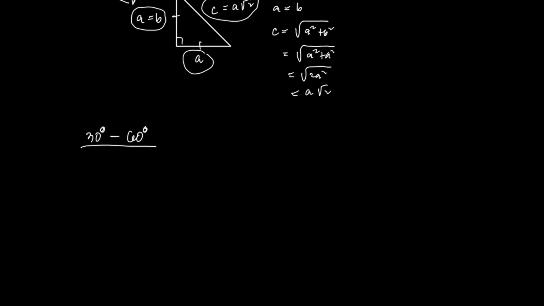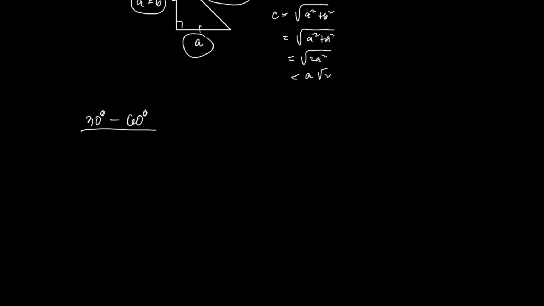So for the 30 degrees and 60 degrees, we can do it simultaneously, since we can just produce them in one triangle. Suppose we have this triangle here. Suppose this triangle is equilateral, meaning the three sides are equal.